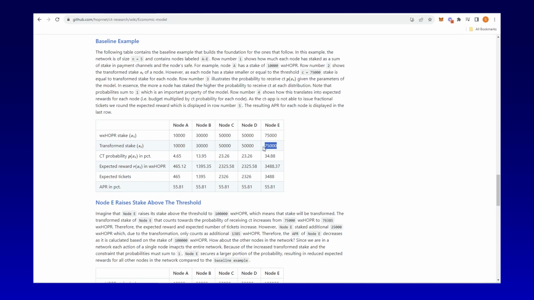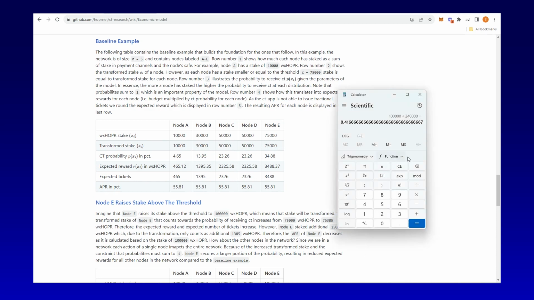So let's calculate the rewards. Let's look at node E. Let's take the total transformed stake in the network: 75,000 plus 50, 50, 30, 10,000. That's 215,000.